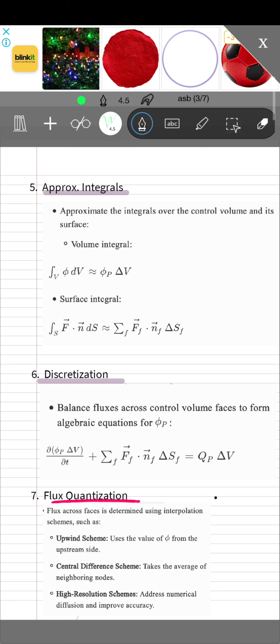By upwind, we mean that we take the difference between the upstream flow and the one which is downstream.